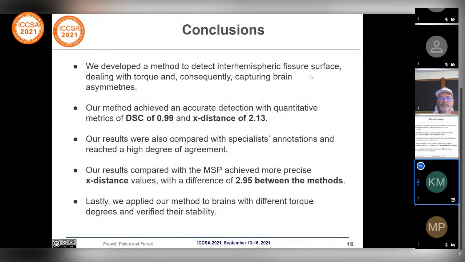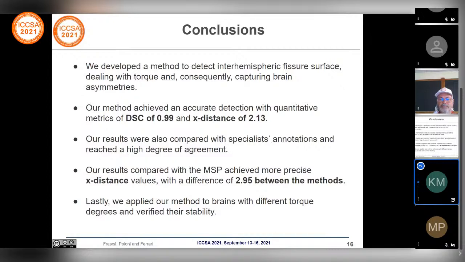As conclusions, we have developed a method to detect the interhemispheric fissure surface, dealing with torque and consequently capturing brain symmetry. Our method has achieved an accurate detection with quantitative metrics of the DSC of 0.99 and X distance of 2.13.